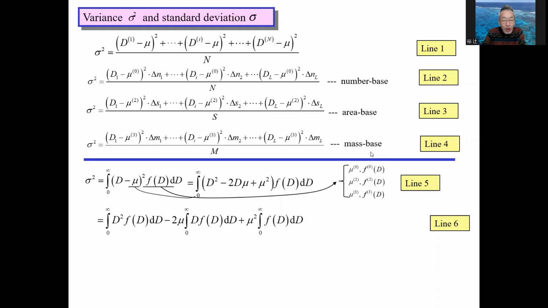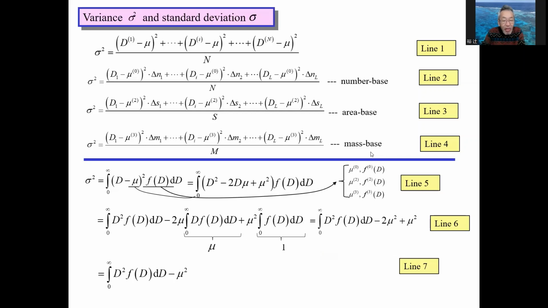Taking apart the squared term in the integrand, you can see that the integrand is separated into three terms. The second and third integrals on the sixth line are the mean particle size mu and 1, respectively. Finally, the variance is expressed to be the mean of t squared minus mu squared.